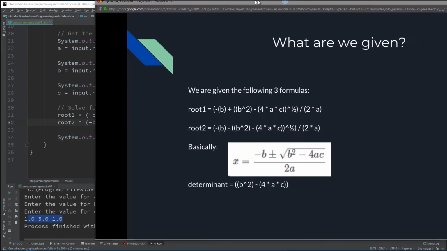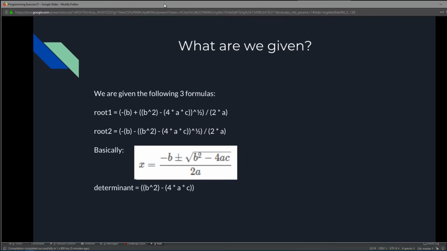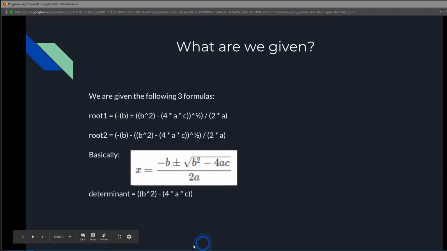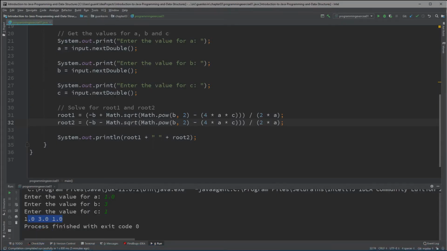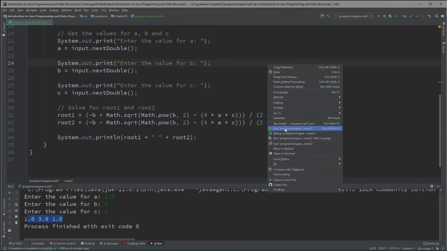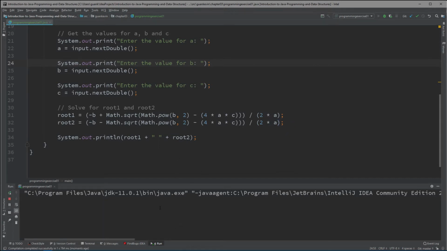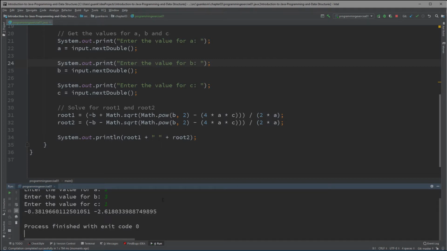In my slide here, I plug in 1, 3 and 1 and I get 0.381966 for root 1, and for root 2 I get 2.61803. So let's double check my formula. Let's run that, and we get 1, 3 for b and 1 for c, and there you go.